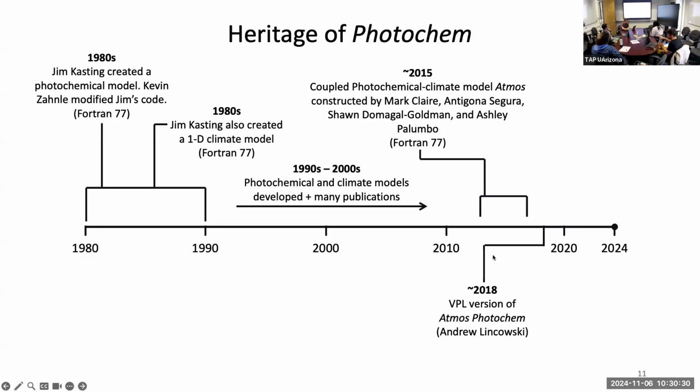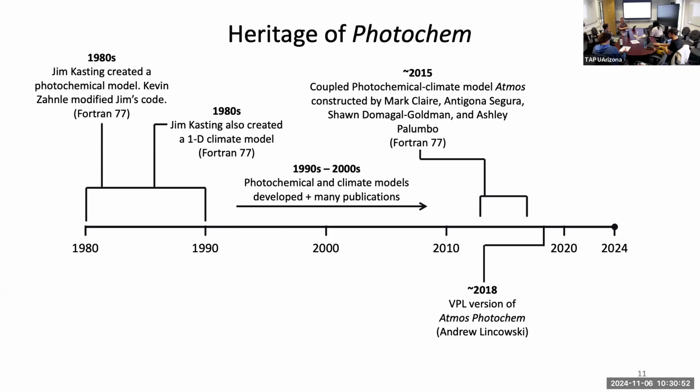So yeah, there have been all sorts of developments of Atmos. There's the Virtual Planetary Laboratory at University of Washington, and they use that code for a couple of recent James Webb observations, like the observations of TRAPPIST-1c.